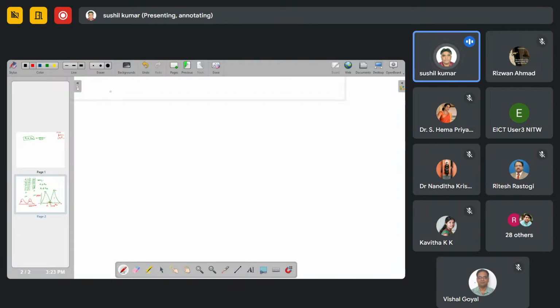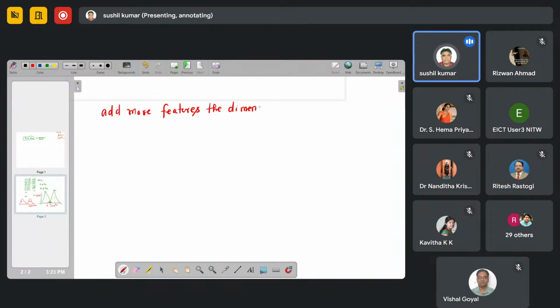So what I'm saying here is, if we add more features in our vectors, the dimension will increase. There should be no doubt in this line.